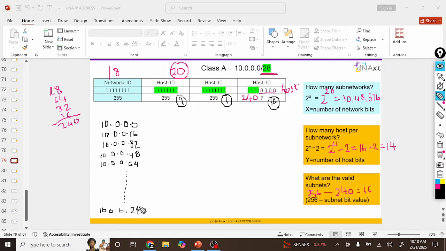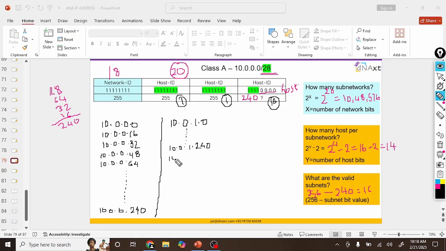Now you cannot add 16 over here because it will become 256. And in that case, you will be doing increment in the third octet, the preceding octet. 1.0. So for 1.0, 1.16, 1.32, 1.48, 1.64, 1.80, 1.96, this will go on till you get 10.0.1.240.